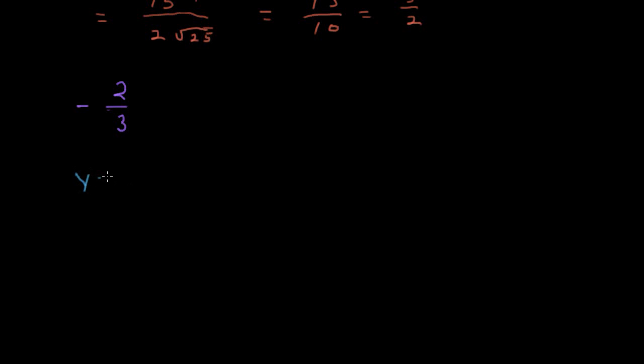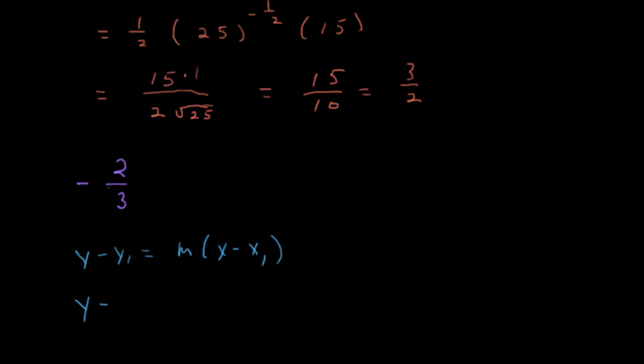We're ready to write our equation in point slope form, and that would be y minus y1 equals m times x minus x1, and our point was at 3, 5. So 5 is the y value, and m is negative 2/3, and it's x minus the x value, which is 3.